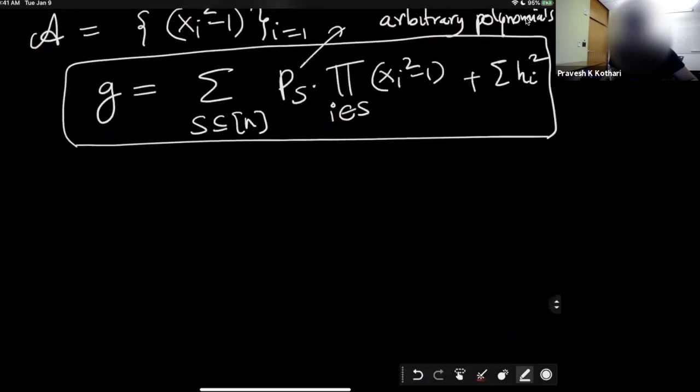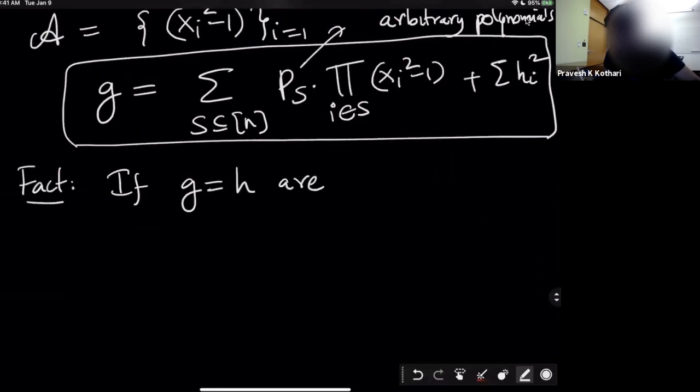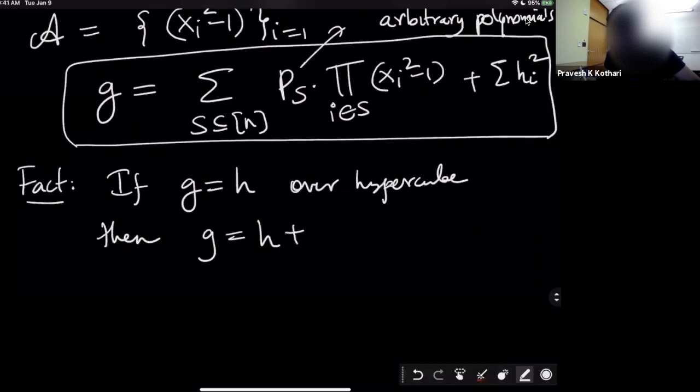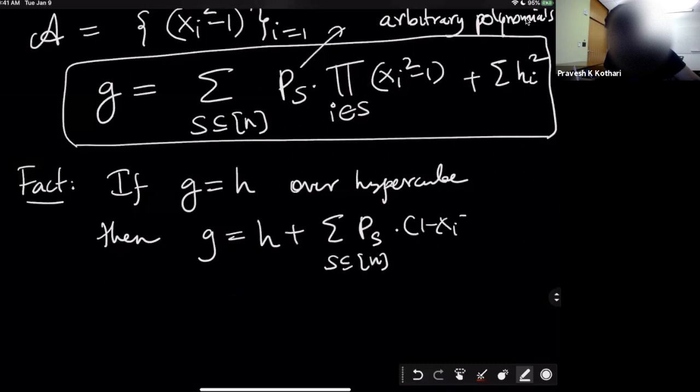Let me observe a simple fact. I'll try to sketch a proof of it to you, but not spend too much time. If G and H are equal as polynomials over the hypercube, then G equals H plus some sum over S subset of [n] of P_S times the product over i in S of (1 minus x_i squared).